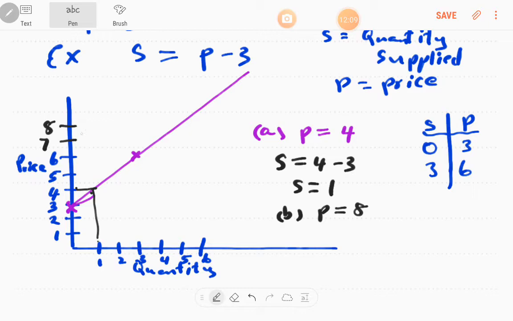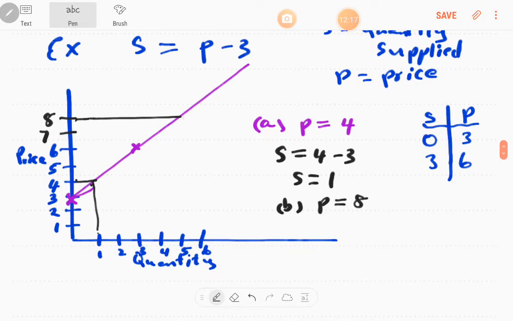And okay, so from our graph, our quantity should be 5. But let's work it out algebraically again. S would equal 8 minus 3, and indeed the quantity would be 5. So our graphs have been very accurate here.